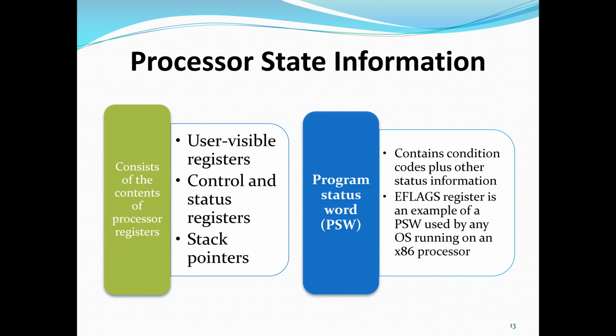The nature and also the number of registers involved depend on the design of the processor. Typically, the register set will include user-visible registers, control and status registers, and stack pointers. We discussed this in our lectures in chapter 1 already.